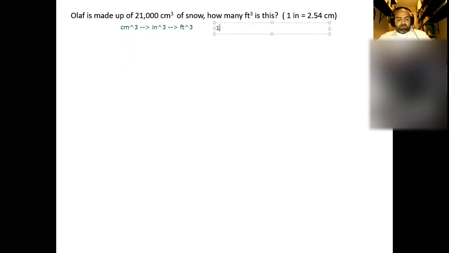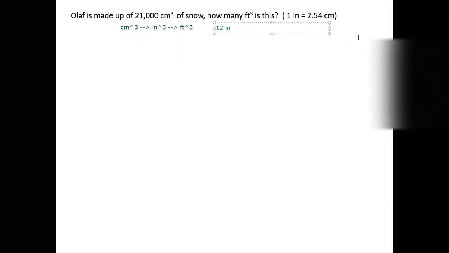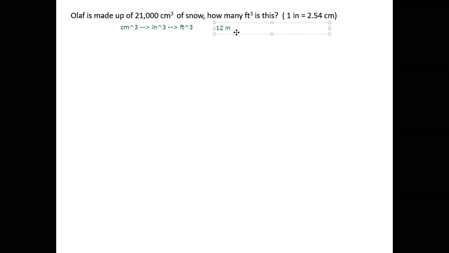So we all know that there's 12 inches in 1 foot. We also have 1 inch, 2.54 centimeters. So the first thing we need to do is cube those conversion factors.